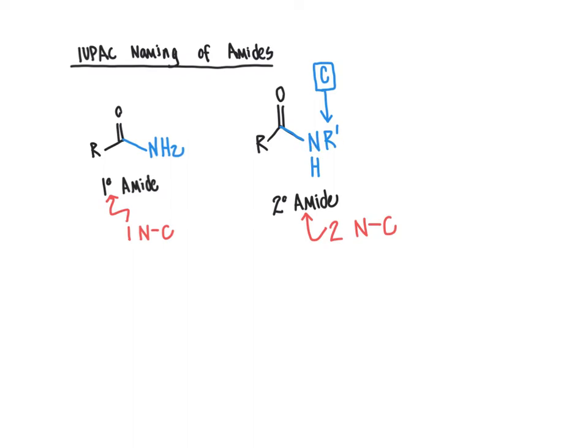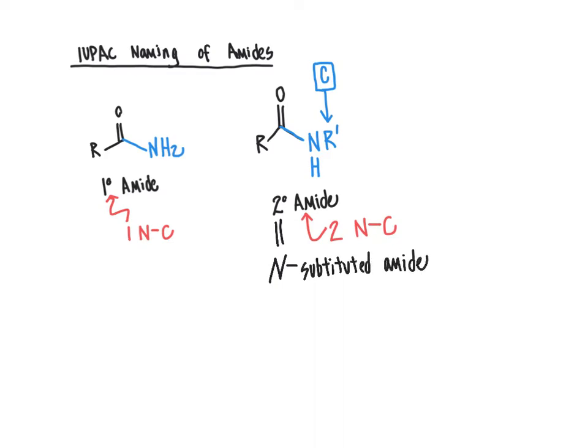This is also referred to, synonymously to secondary amide, as an N-substituted amide, and that N is italicized, by the way. Not a big deal, but it helps designate it. The N refers to nitrogen there by making it italicized.